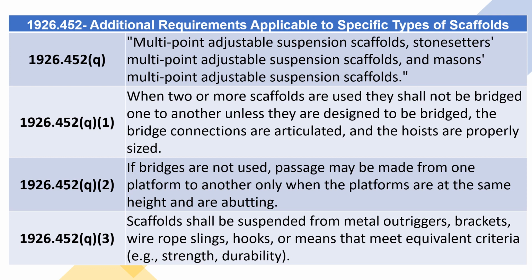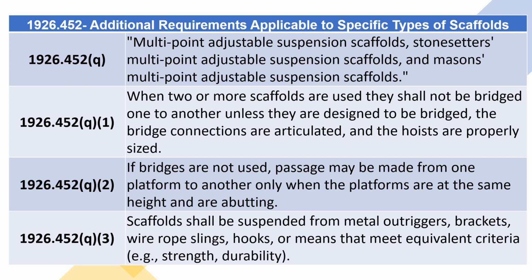1926.452(q): Multi-point adjustable suspension scaffolds, stonesetters' multi-point adjustable suspension scaffolds, and masons' multi-point adjustable suspension scaffolds. 1926.452(q)(1) through (q)(3): When two or more scaffolds are used, they shall not be bridged one to another unless they are designed to be bridged, the bridge connections are articulated, and the hoists are properly sized.